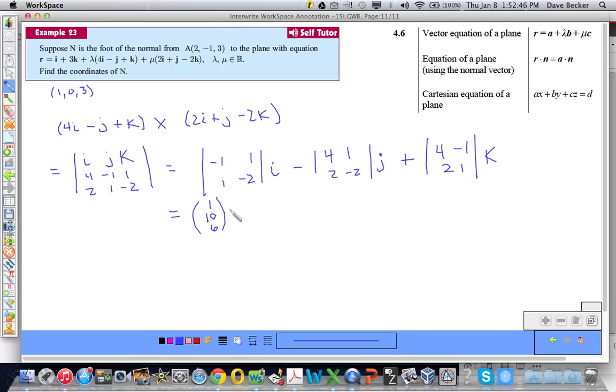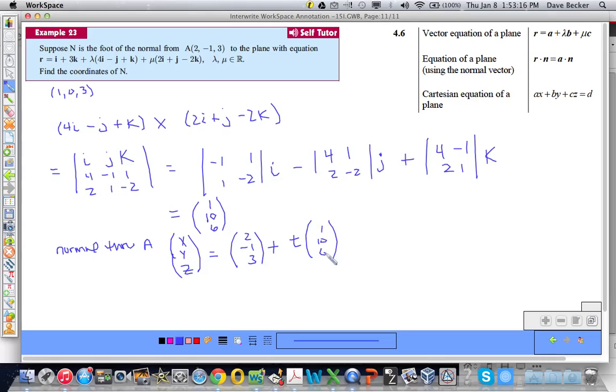So the equation of the normal through A is equal to what? x, y, z equals, and I know that A is 2, -1, 3, plus t times 1, 10, 6.